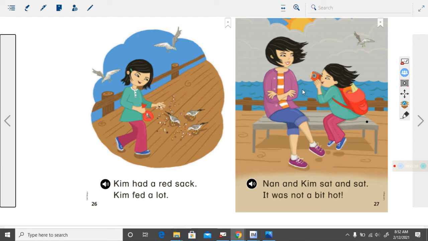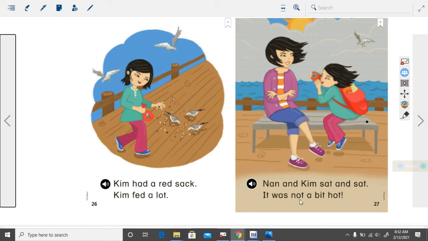I see the first sentence says, Nan and Kim sat and sat. Now notice, I did not read that like a robot. I changed my voice a little when I read that. Nan and Kim sat and sat.